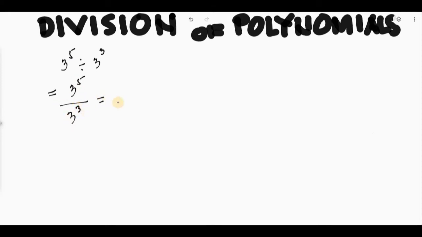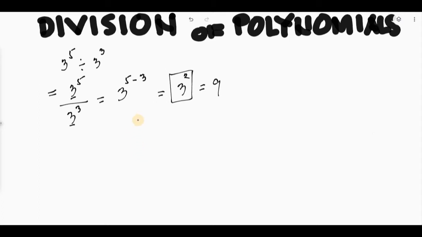I-apply lang natin yung laws of exponents kanina, yung number 1. So same base, we're just going to write the base and then subtract the exponent. So it will give us 3 raised to 2, or 3 squared. That will give us 9. Okay, so that's the first rule.